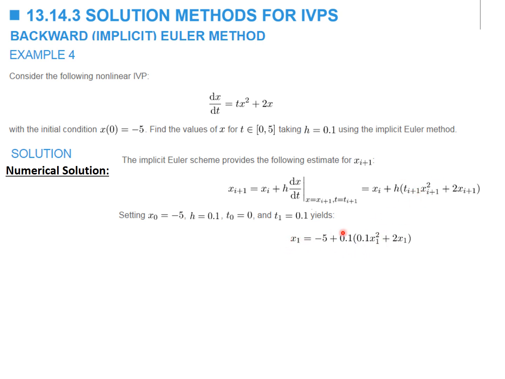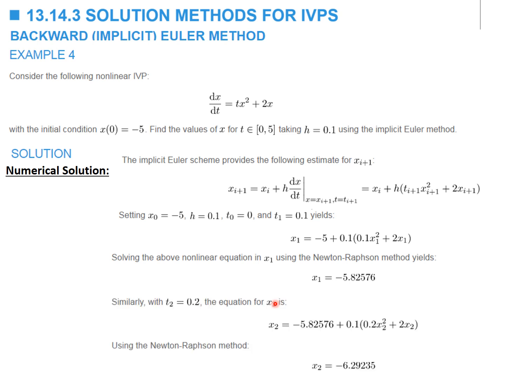So this is a nonlinear equation in x1. I can employ the Newton-Raphson method, I can program it myself, or I'm here using FindRoot within Mathematica to find the solution to this equation. And I can find that x1, which is the value of x when the time is equal to 0.1, is -5.82576.